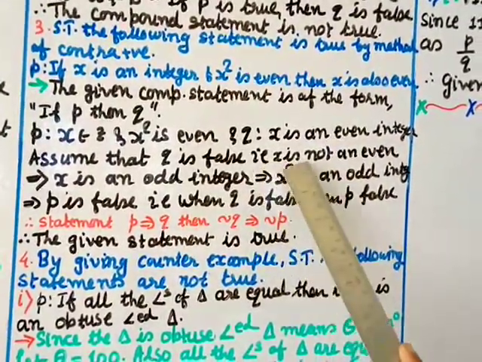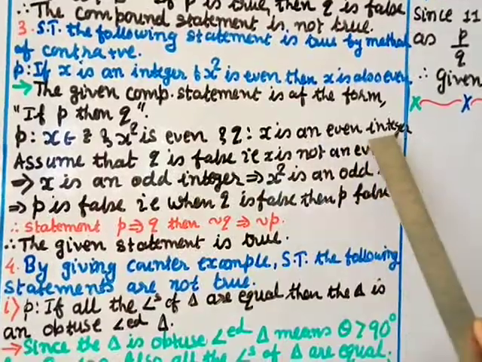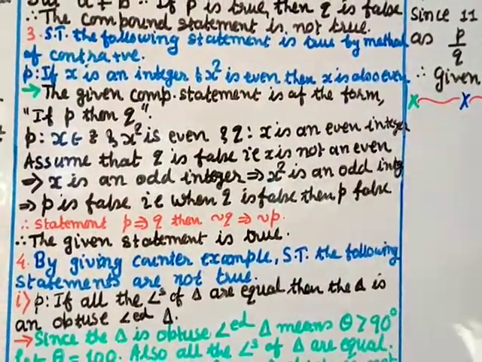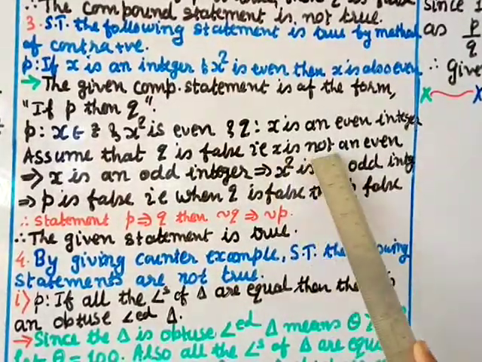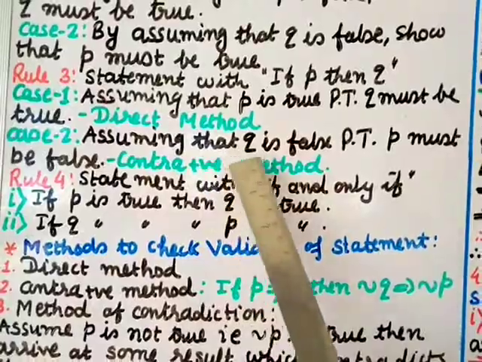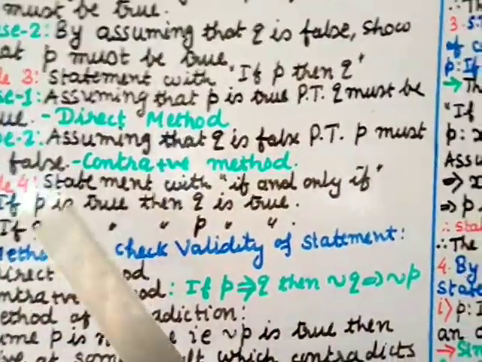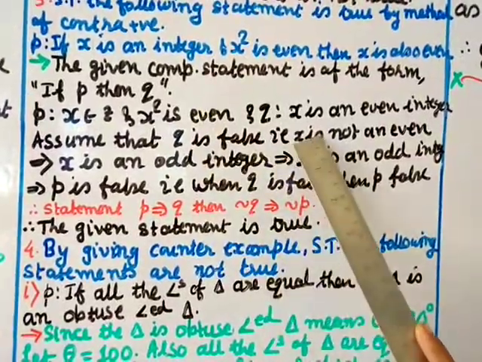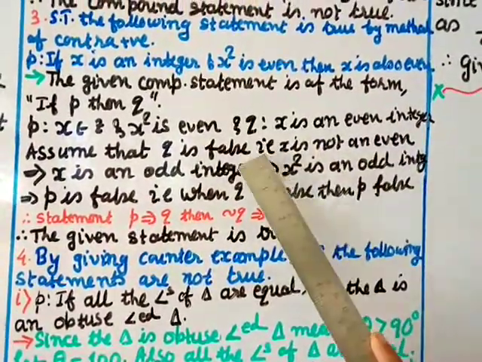That means x is not even. It is given that x is an even integer, but we are considering that it is false, so we will consider that x is not even. The contrapositive method is assuming that Q is false and proving that P must be false. So that is what I am going to do here. I am assuming that Q is false, that means x is not even.